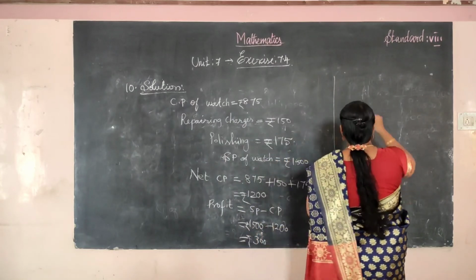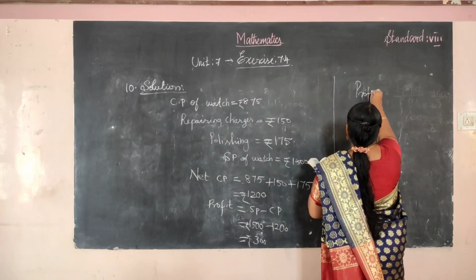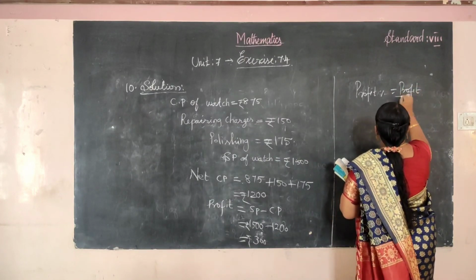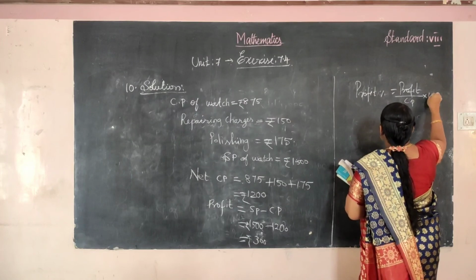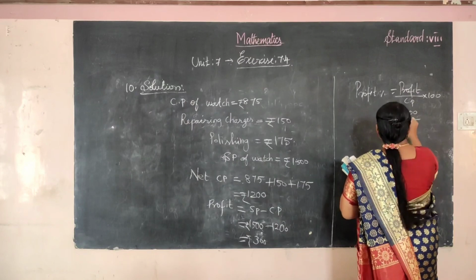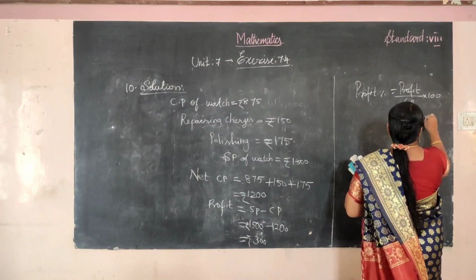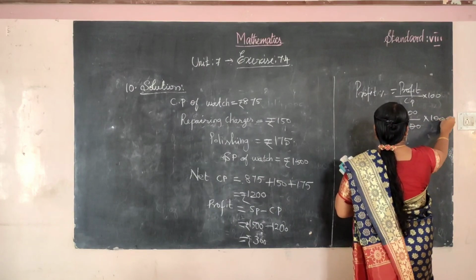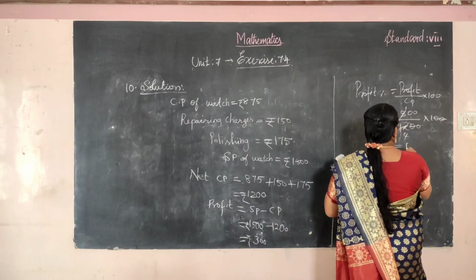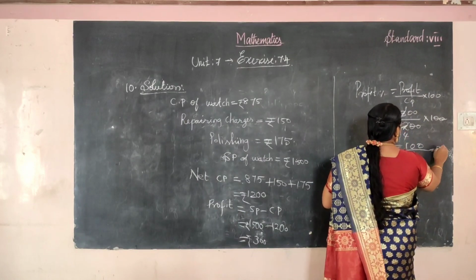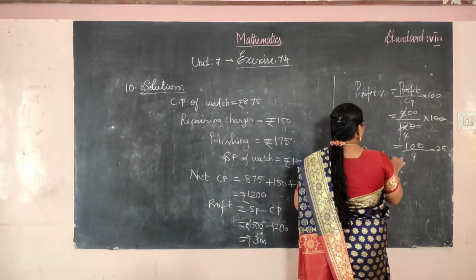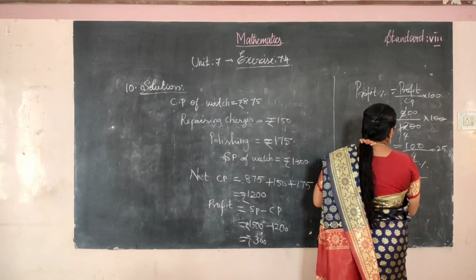Now you have to find out the profit percentage. So profit by CP into 100. Profit is 300, CP 1200 into 100. So here also we got 100 by 4, 25. So the profit percentage is equal to 25%.